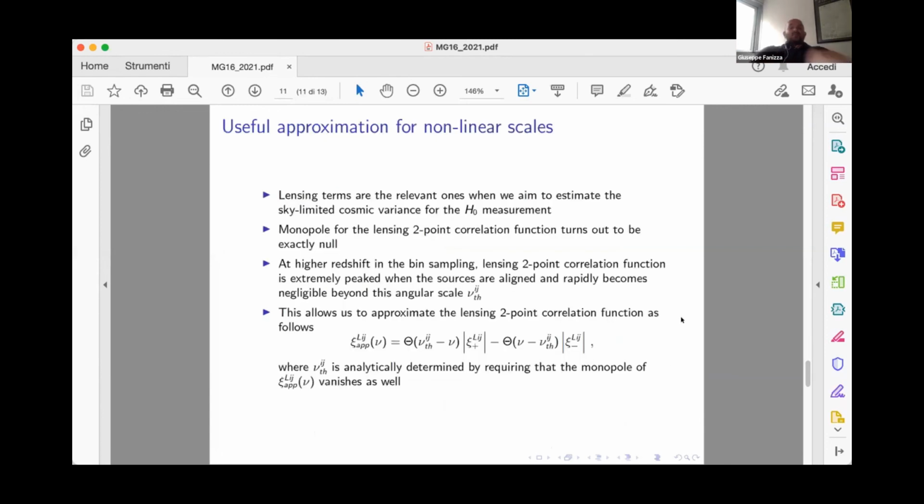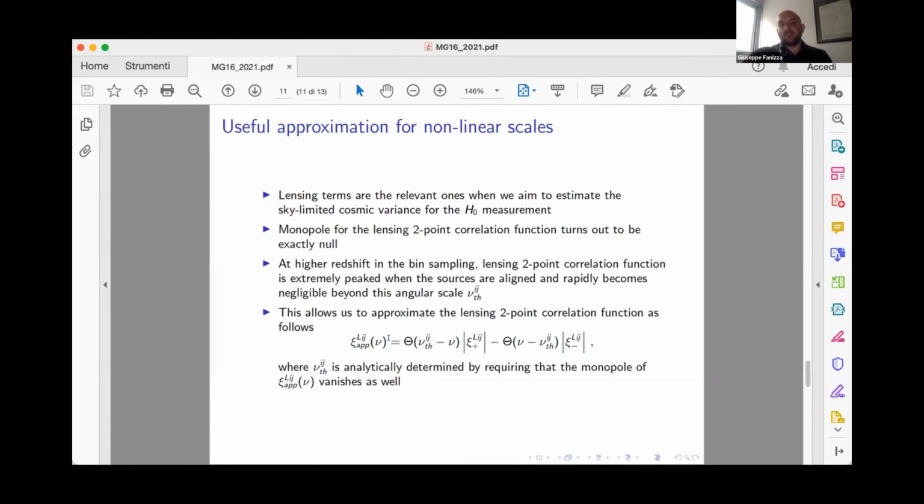Now, to properly take into account the effect on nonlinear scales, we approximate our two-point correlation function for lensing with a combination of two Heaviside theta functions, where the angular threshold, nu threshold, is evaluated by imposing three physical constraints on this approximation.